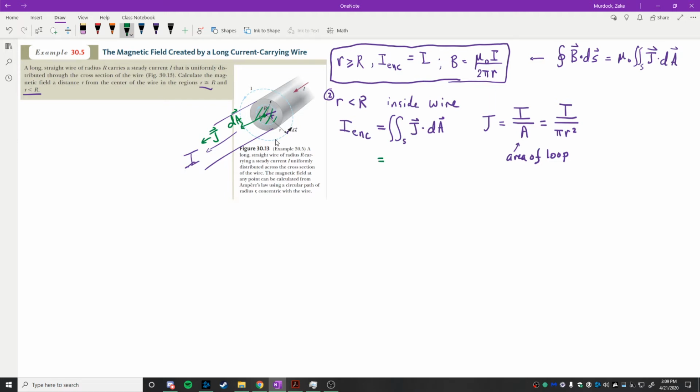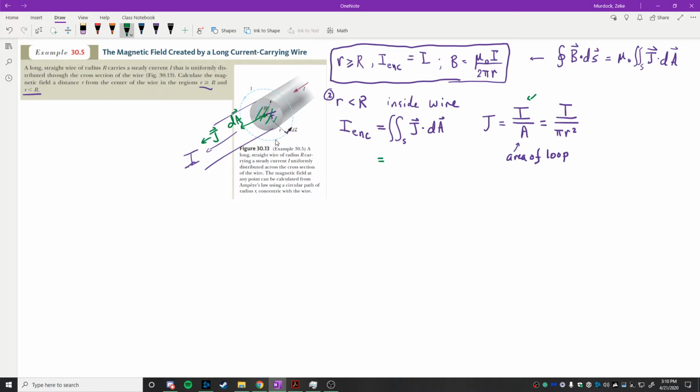And in addition, hold on a second, let me make sure I've... Current density is the current divided by... my bad. In this case, I represents the total current, right?